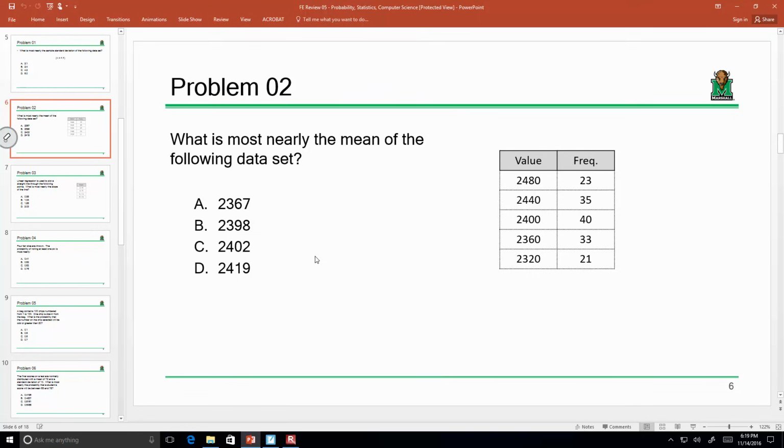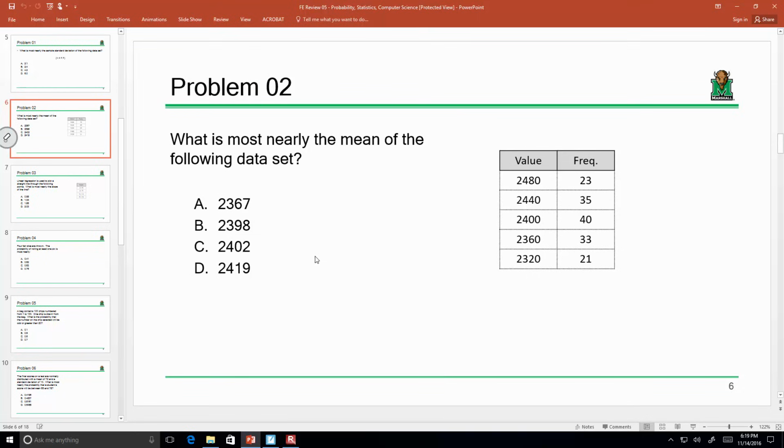So I'll say 2480 and hit equals. 2440 and hit equals. And notice how it's automatically assuming that they are at a frequency of 1. We're going to go in and change that in a second. 2400 equals. 2360 equals. 2320 equals. Okay, so I should have 5 rows of data.